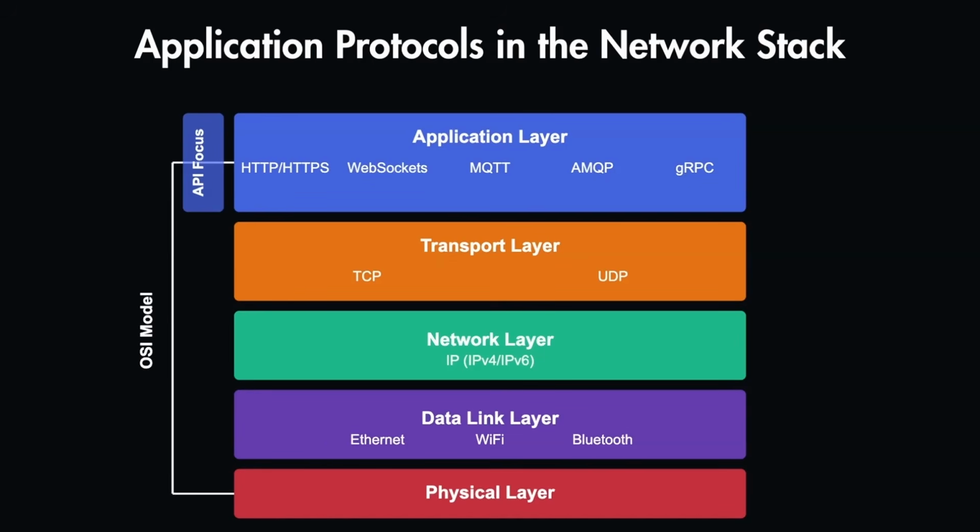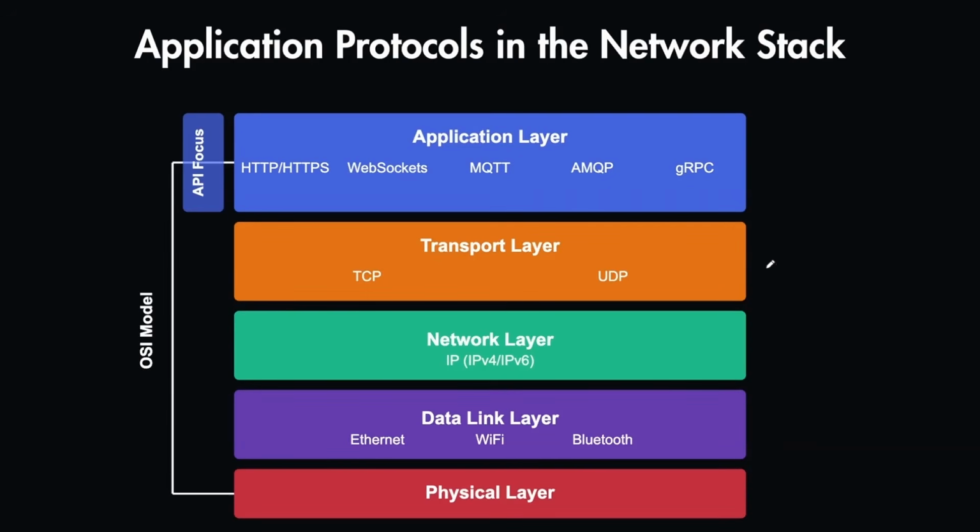Application layer protocols sit at the top of network stack, building on top of protocols like TCP and UDP, which are at the transport layer. These protocols at application layer define the message formats and structures, also the request-response patterns, and management of the connections and error handling.